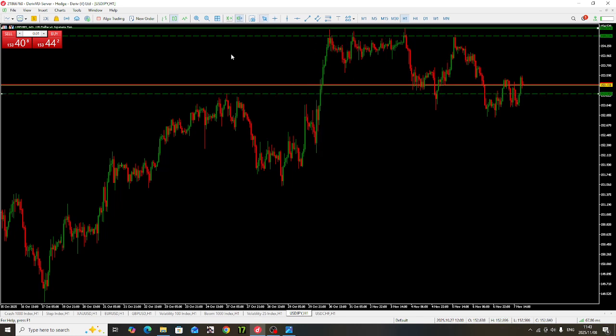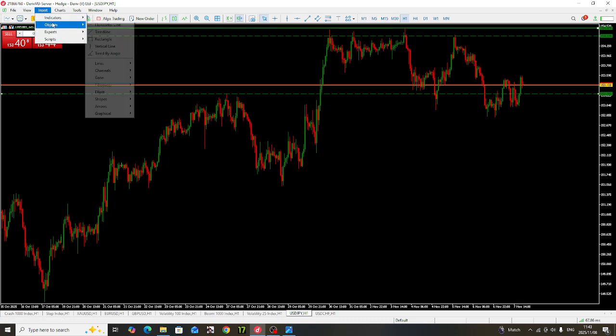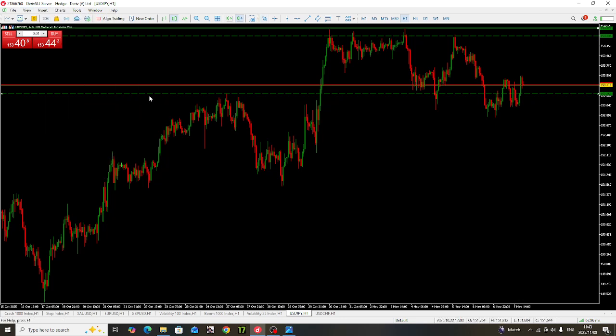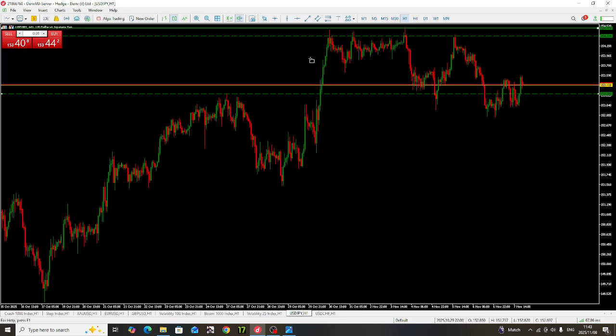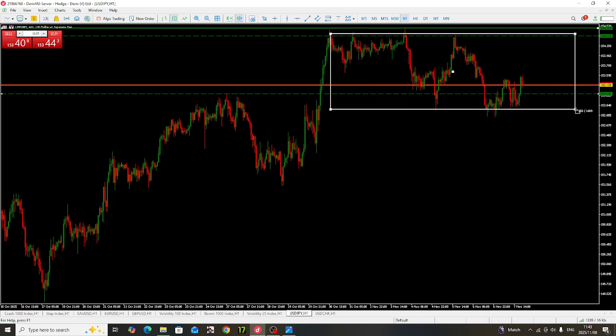Even in this case, the reason we marked this section as a no trading zone is that we do not trade the market when it's trading between the high and the low of the day. Let me just mark it like this.